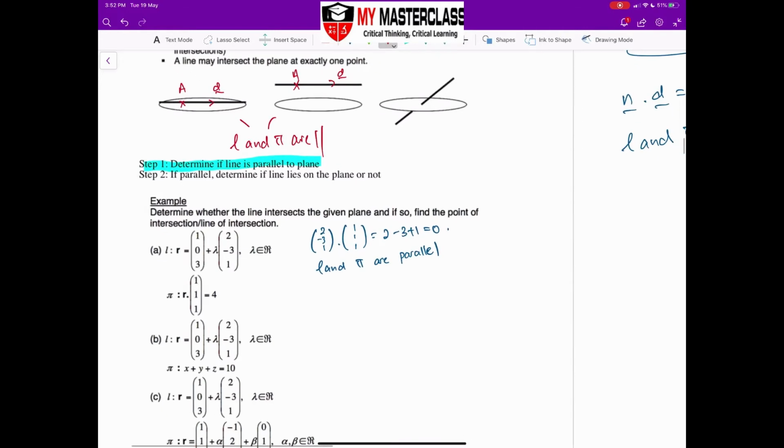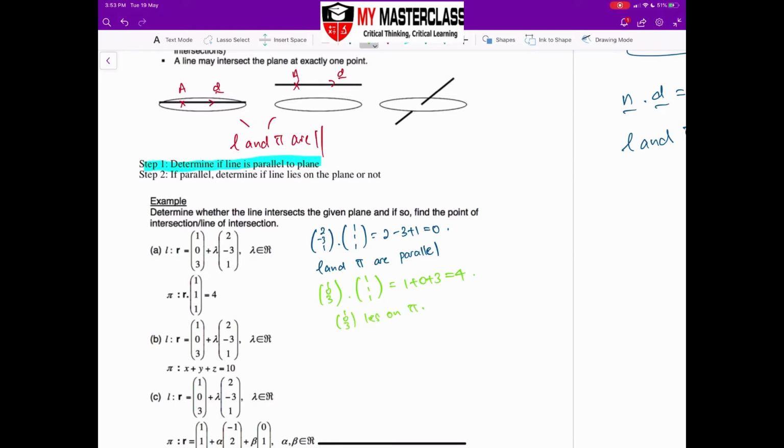So how do I determine? I'm going to take the point over here, which is on the line, which is 1, 0, 3. So 1, 0, 3 is the point that lies on the line, to dot with my 1, 1 and 1. Essentially, you should see that I get 1 plus 0 plus 3, which gives me 4. And we learned from the scalar product of a plane, if I take any point and dot with my normal and get the constant at the back, it simply means that 1, 0, 3 will lie on the plane.